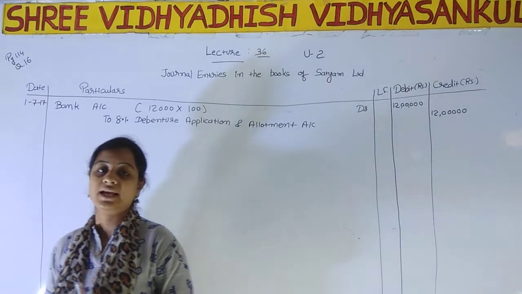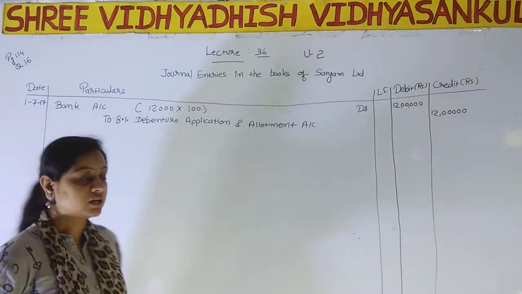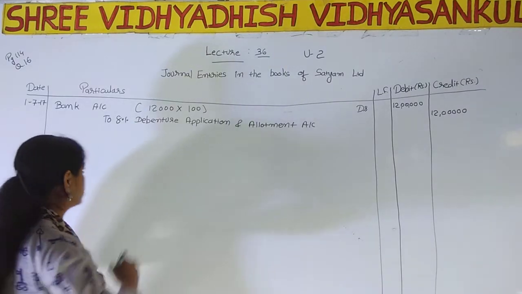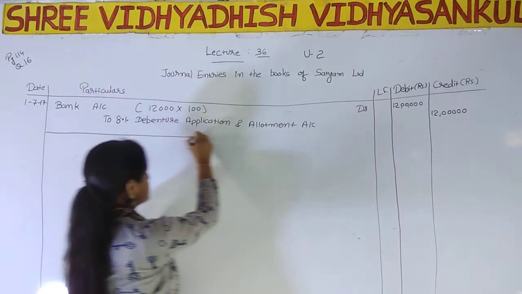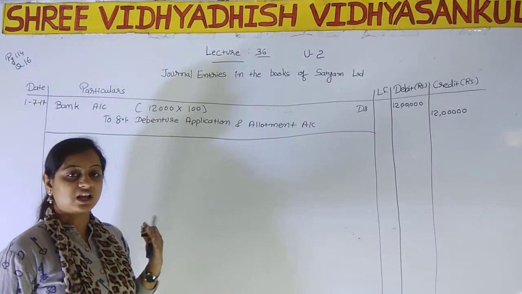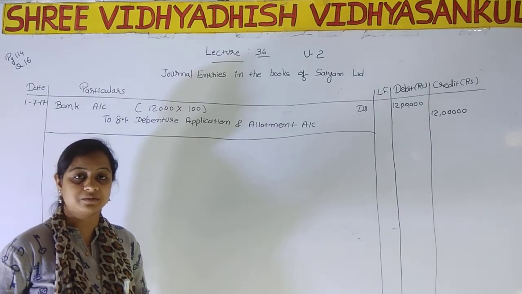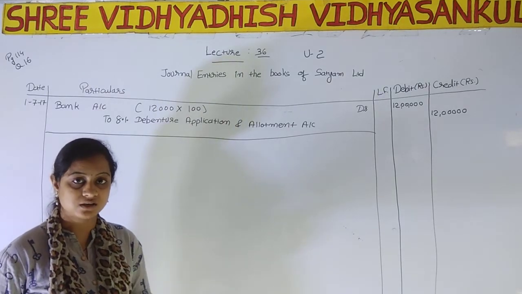right? So the next one will be for transferring, but the transferring entry will not be the same as we were discussing before. At the time of issue, we know that we have to redeem this debenture with premium. That means we have to suffer a loss of ₹15.